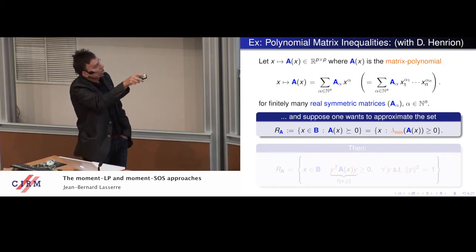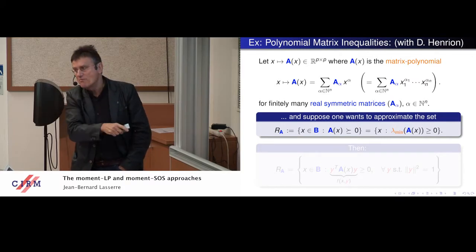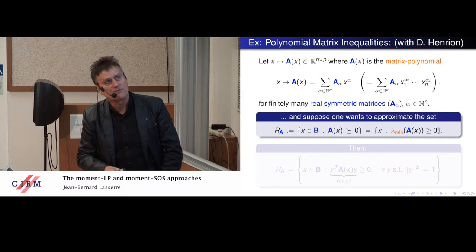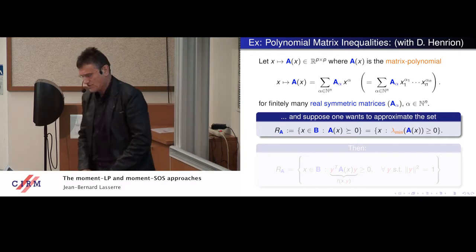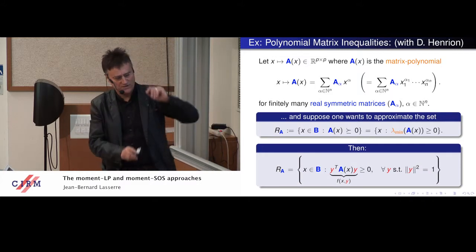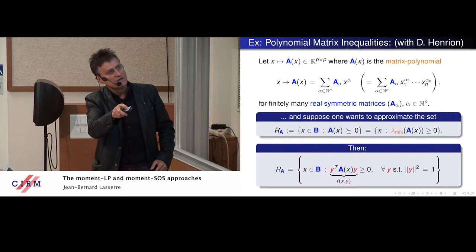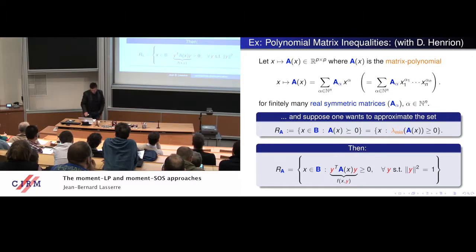In other words, you want to find the set of x such that the minimum eigenvalue of A of x is non-negative, right? Well, you just rewrite R_A as the set of x in B so that this polynomial is non-negative for all y belonging to this set.